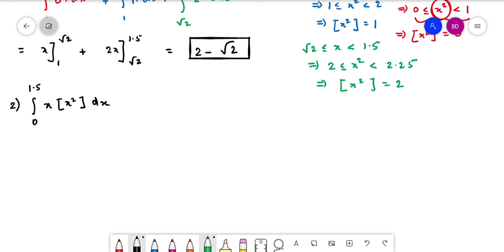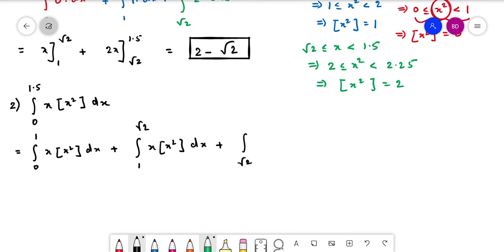We will again divide it into 3 intervals. So this time it is 0 to 1 x box x square dx, plus 1 to root 2 x box x square dx, plus root 2 to 1.5 x box x square dx.